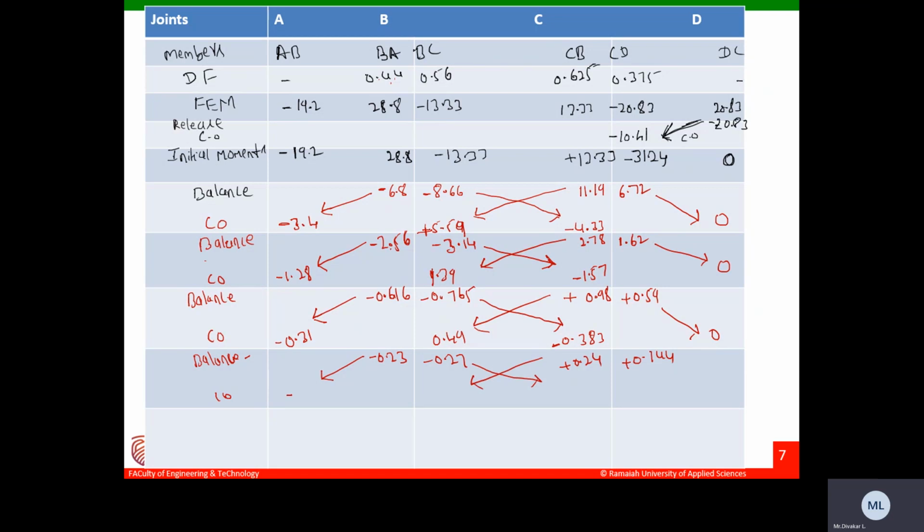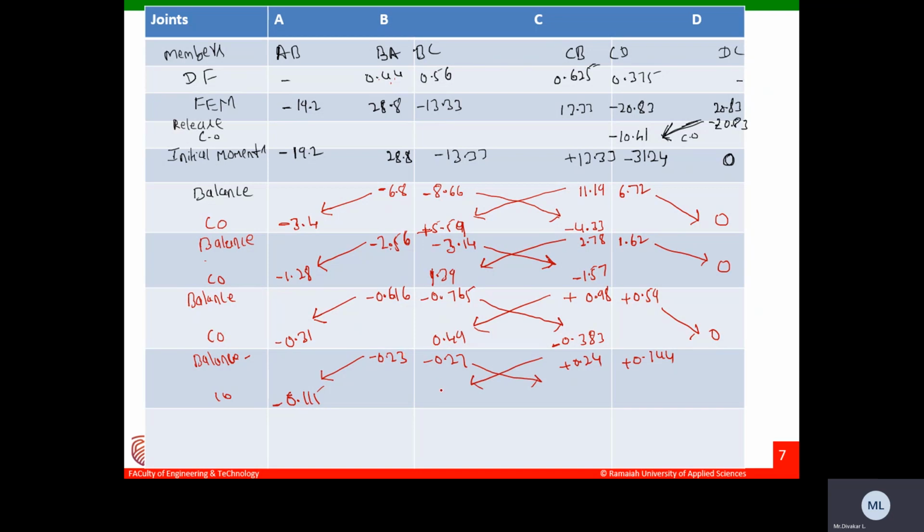So 0.23 divided by... into... so this is 0.115 minus 0.115 minus 0.115. This is 0.115.